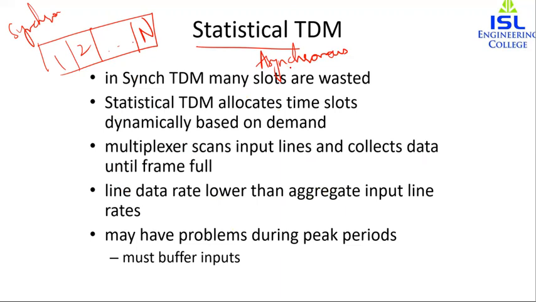It is a technique in which time slots are not fixed as in synchronous, and it dynamically allocates time slots to the devices. The total speed of the input lines can be greater than the capacity of the channel, and each slot contains an address. It may have problems during the peak period, so most inputs are buffered.